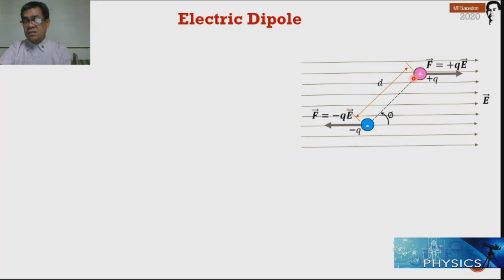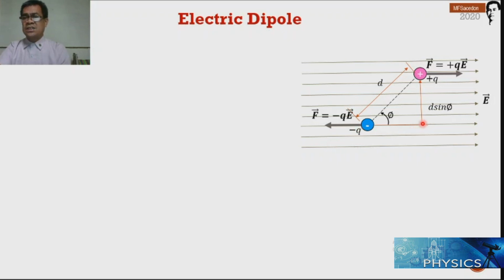Now take note that this dipole makes an angle with the electric field. So this angle P is the angle from the electric field towards the dipole moment.